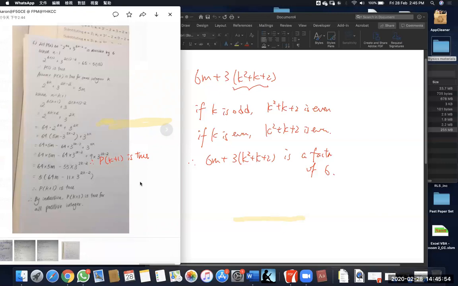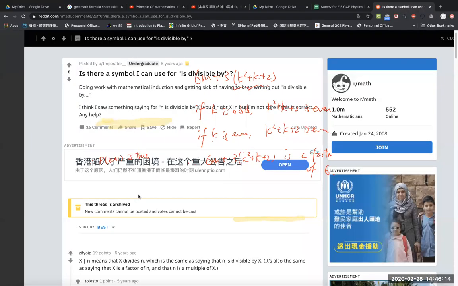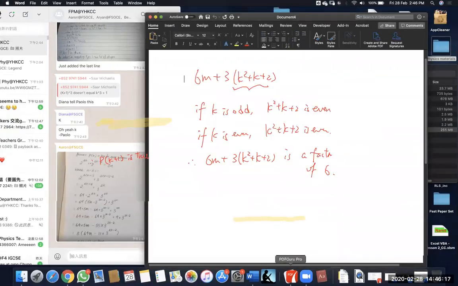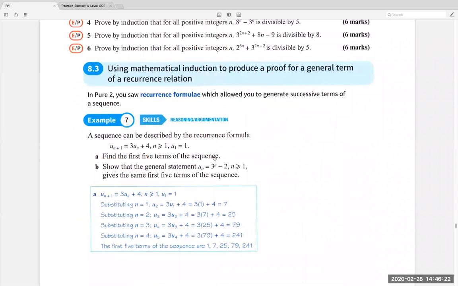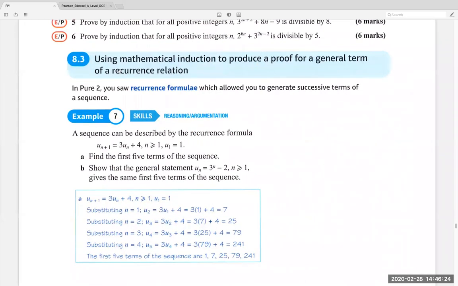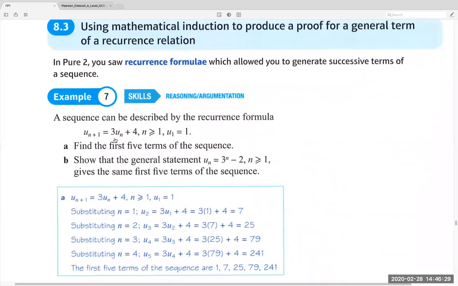So shall we go to the next session? And then for the next session is proving some recurrence relation, just like the sequence of this one.